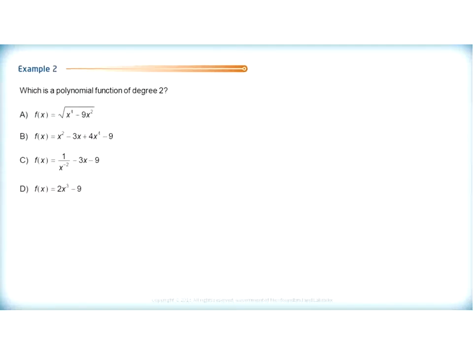Another example, we are given 4 multiple choice items. Which is a polynomial function of degree 2? In the first example, we have what is referred to as a radical function. A common mistake that students make with this type of a polynomial is as follows. You need to note that the square root of x to the 4 minus 9x squared does not equal x squared minus 3x.